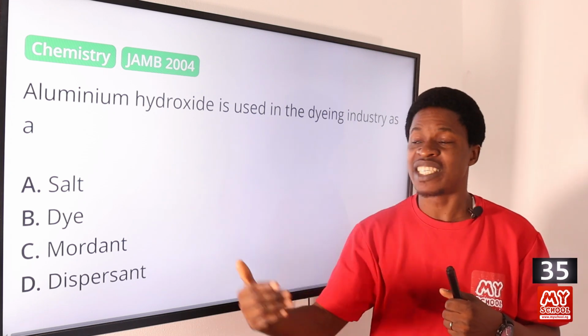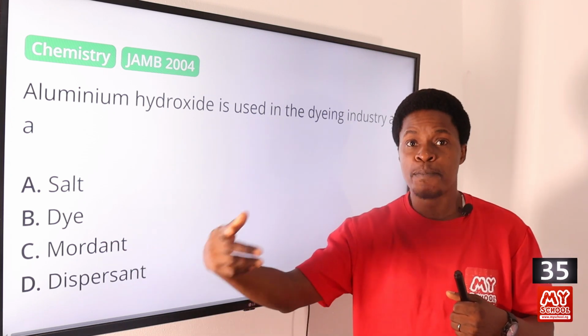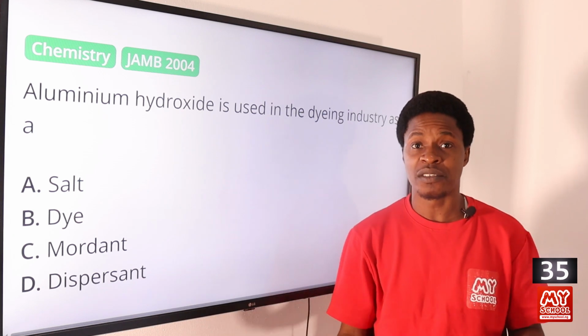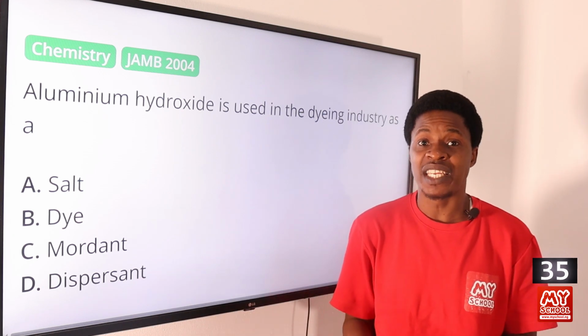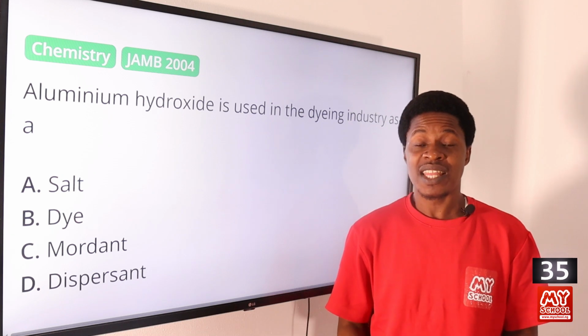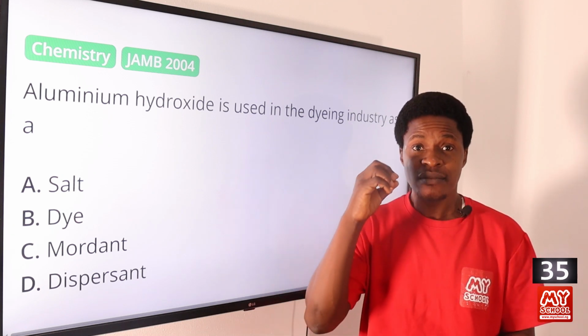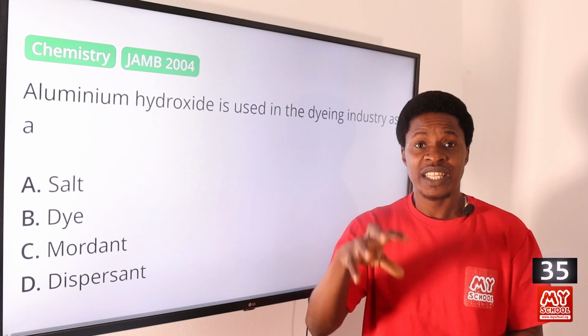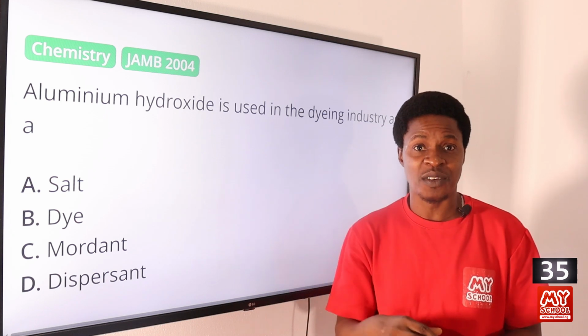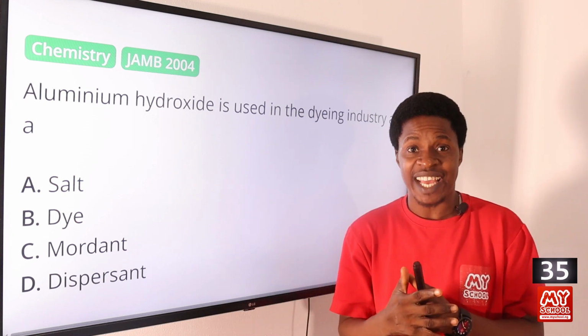So aluminum hydroxide is used as a mordant. Mordants are chemical substances, they are salts also, that help in imparting color fastness to the dye that is put there.